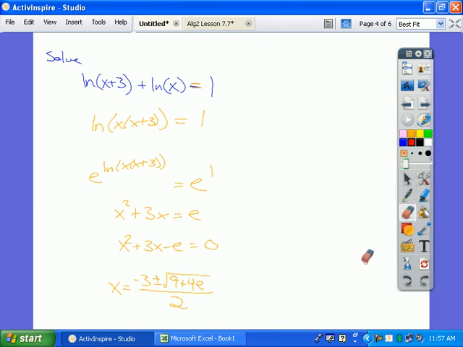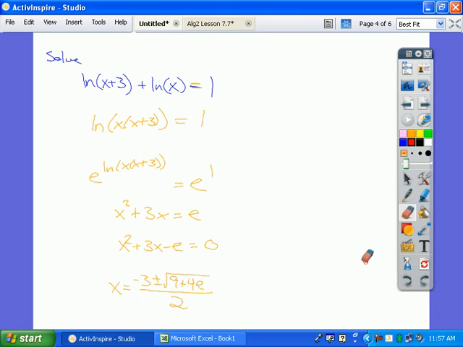So the square root of 9 plus 4e is approximately 4. It's a little bit bigger than 4. Okay, so let's say it's 4 for the time being. So negative 3 minus 4 is negative 7 divided by 2 is roughly negative 3.5.